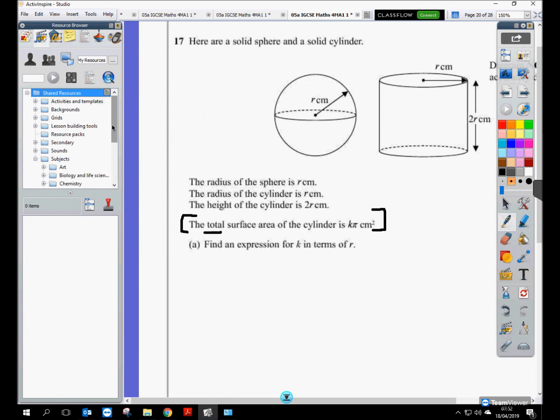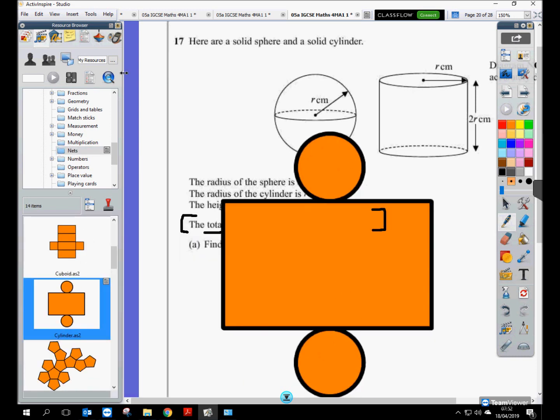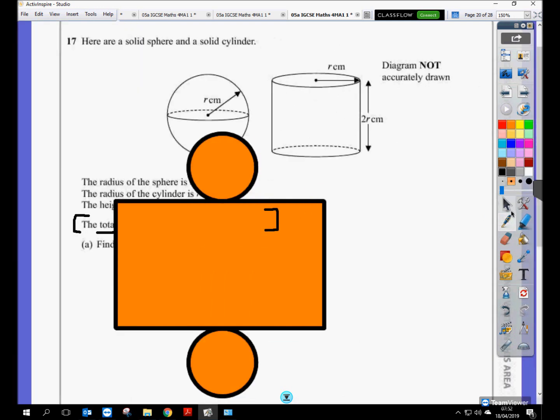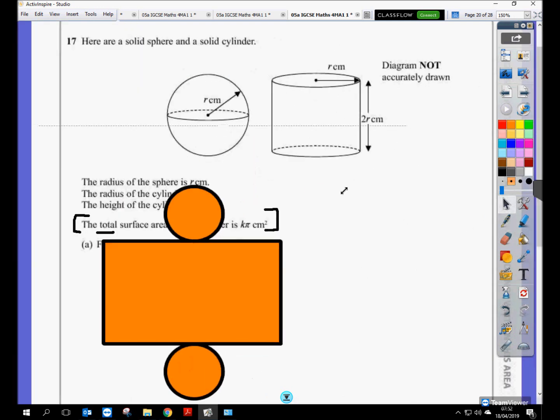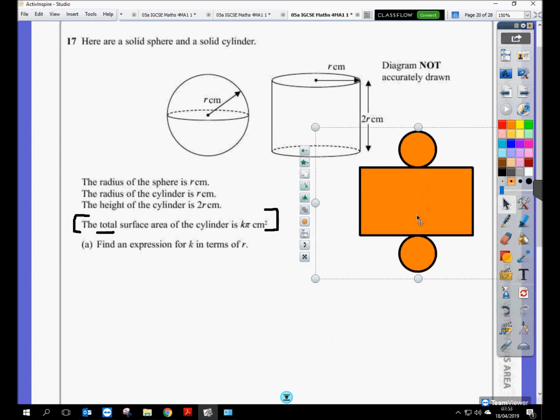So if we have a look at a net of a cylinder, it looks like this. I'm just going to use this for reference because, as you can see, there are two circles at either end, and you have the curved bit which forms into a rectangle.